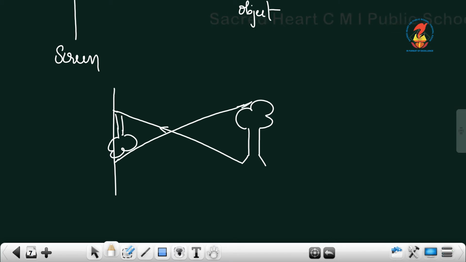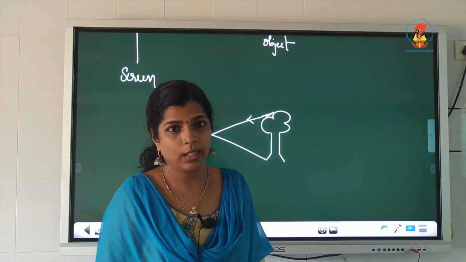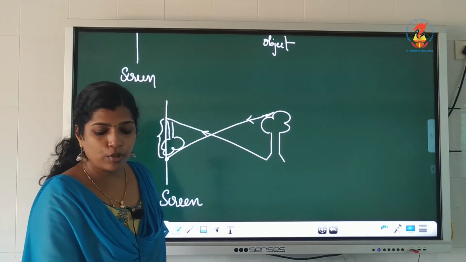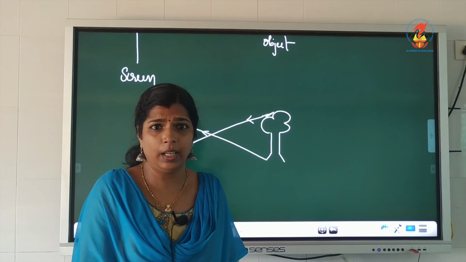Light from the top of this object meets at the bottom of the screen. So on the screen you will get an image. That image is an inverted one. So the principle of pinhole camera is rectilinear propagation of light, means light travels in a straight line. So that can be used to view various objects like trees, buildings, etc.